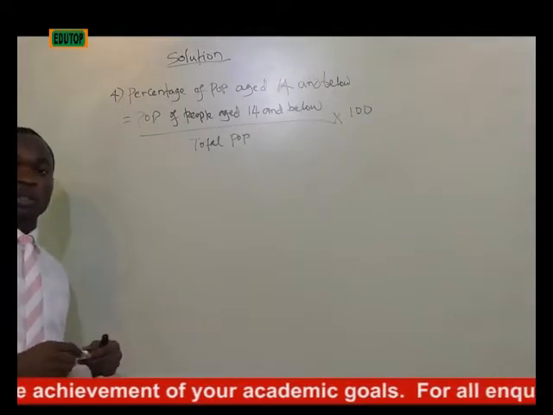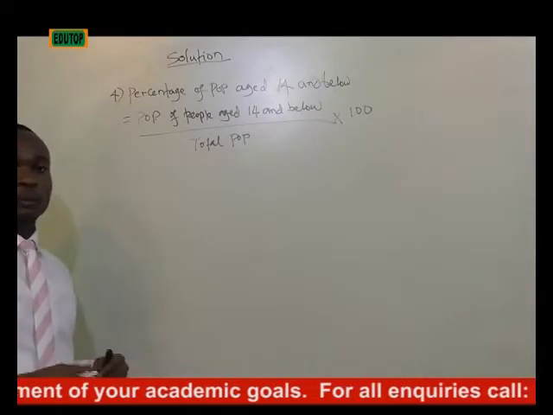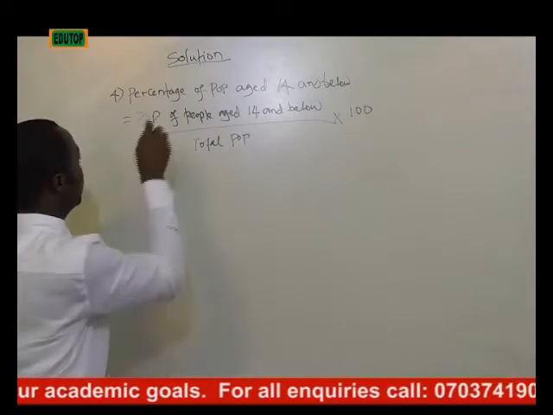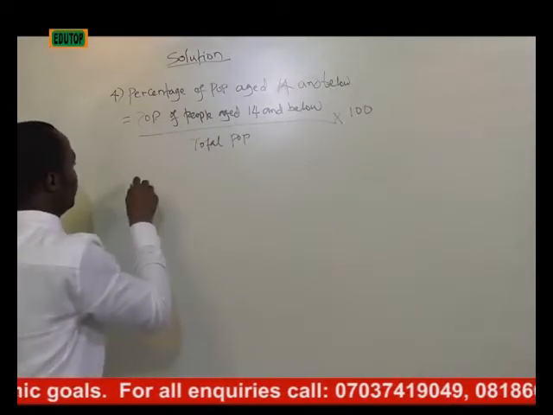The population of people aged 14 and below is what we want to determine first.